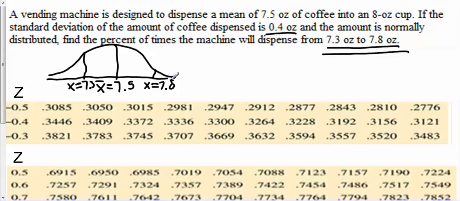And we want to find the percent of times the machine will dispense in between those two values. So the desired area to find is the amount of area under the curve between 7.3 and 7.8.